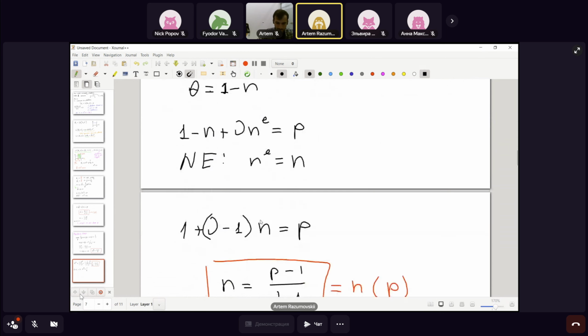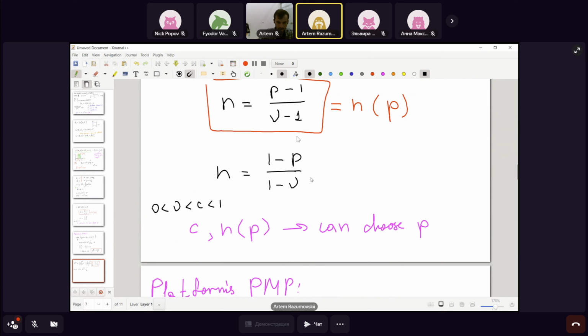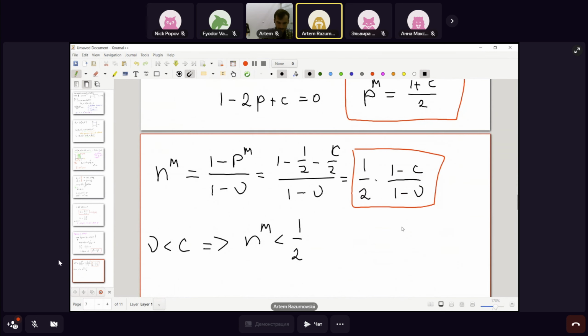Then we think about how our equation transforms and solve it, and then we can do the profit maximization and obtain the result.